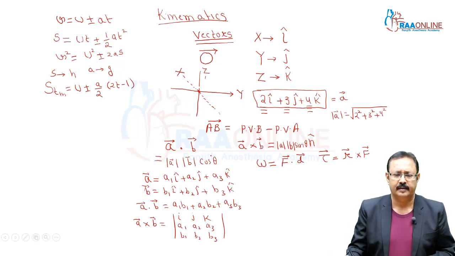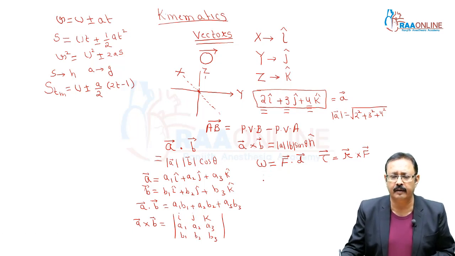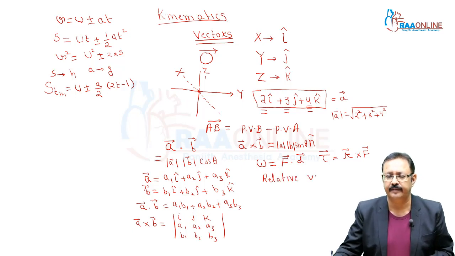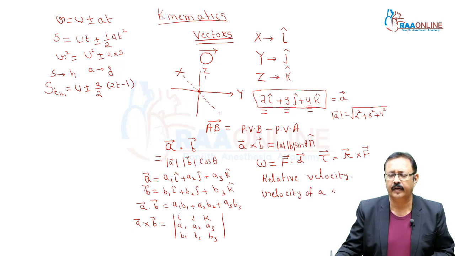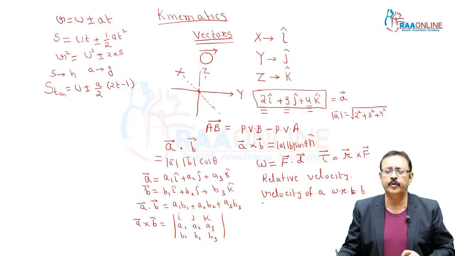In solving problems related to relative velocity, only one concept is important. If you want to calculate velocity of A with respect to B, what do you have to do?